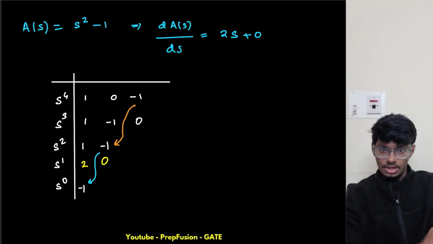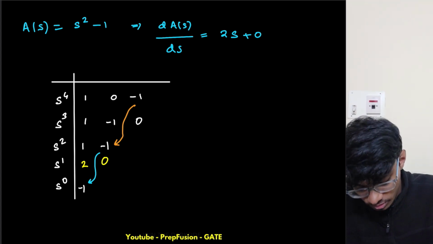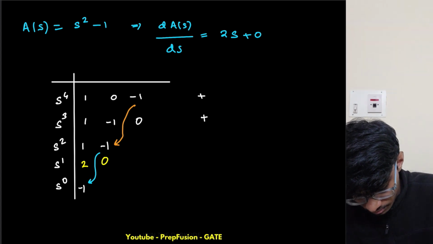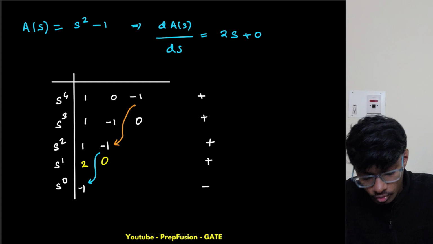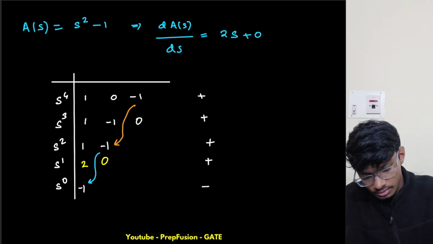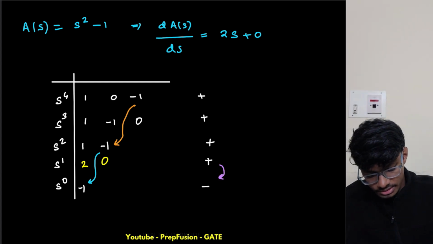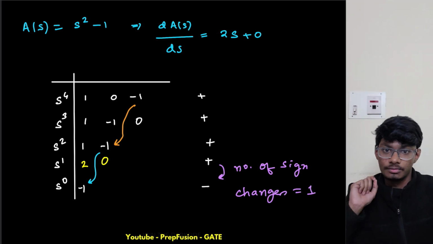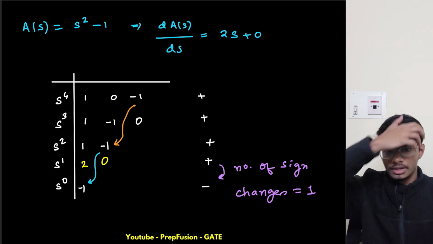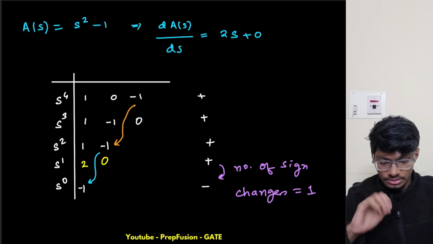So what do we see? How many sign changes do we see? So this is plus, plus, plus, plus and minus, so the last row becomes minus. So I have one sign change. Number of sign changes equals 1.